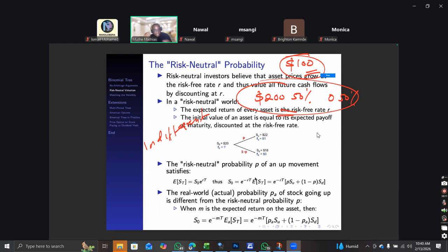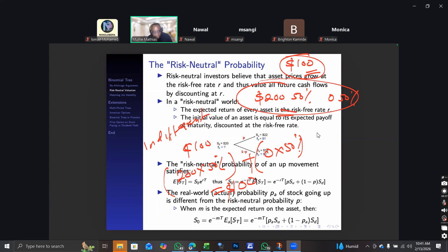But in this world, a risk-neutral world, we assume that what we care about is the expected payoff. I don't care about uncertainties. Because if you look here, what is the payoff? The payoff is 100. Looking here, the payoff is 200 multiplied by 50% plus 0 multiplied by 50%. Right? What is the total here? It is 100. Right? In these two scenarios, the payoff is the same.